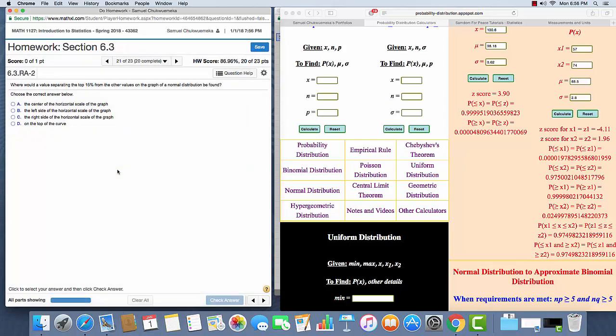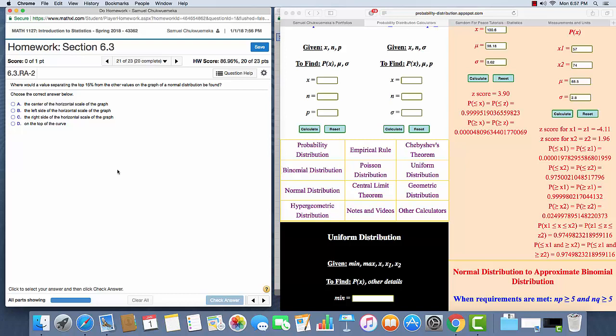Question 21. Where would a value separating the top 15% from the other values on the graph of a normal distribution be found? With a normal distribution curve, the empirical rule is the 68, 95, 99.7% rule.